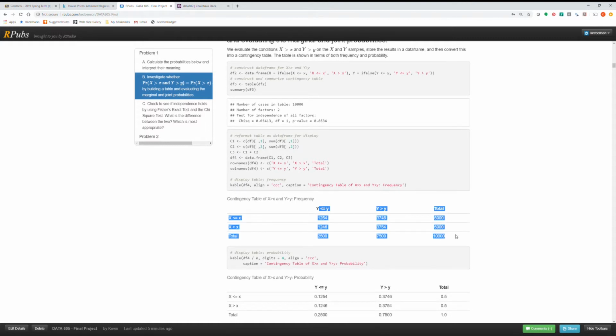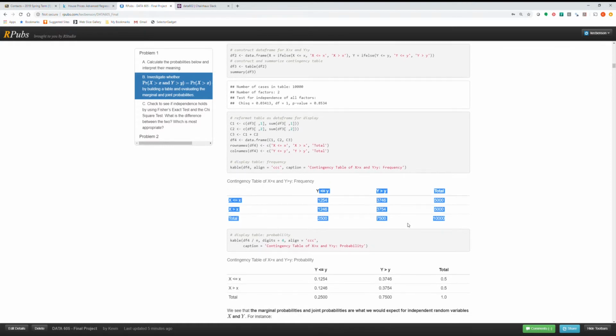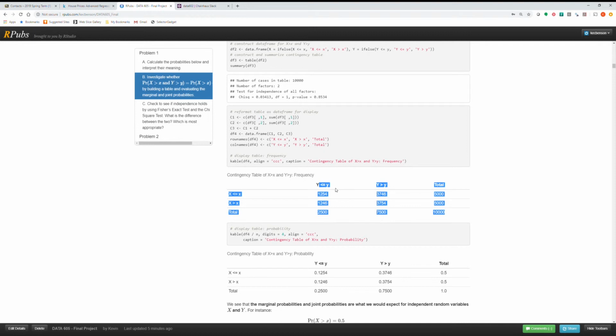This just records, in terms of the number of observations, the paired observations of x and y, where y is less than or equal to little y or greater than little y, going across the top, the horizontal axis, or on the vertical axis, x being less than or equal to little x or greater than little x.